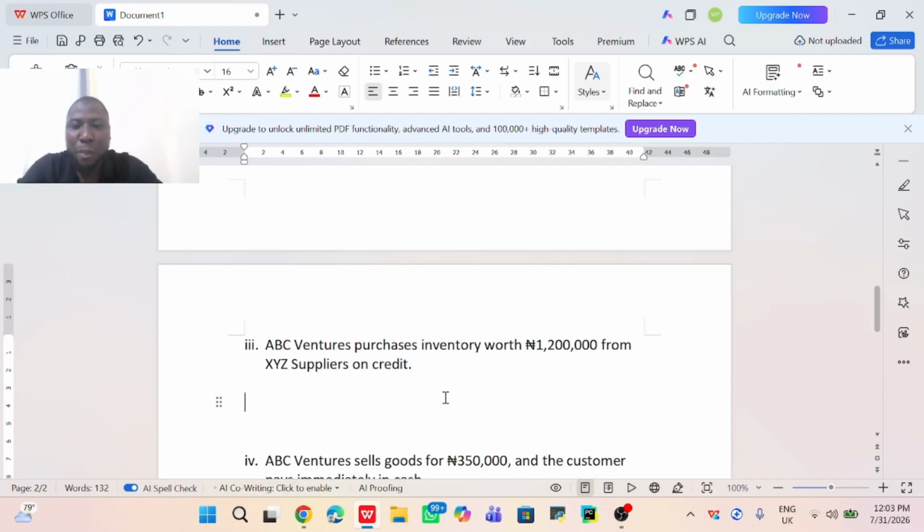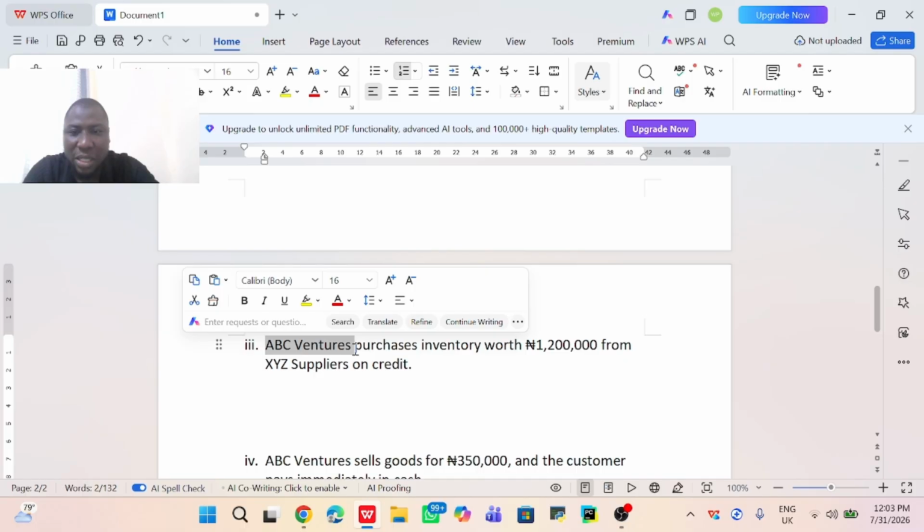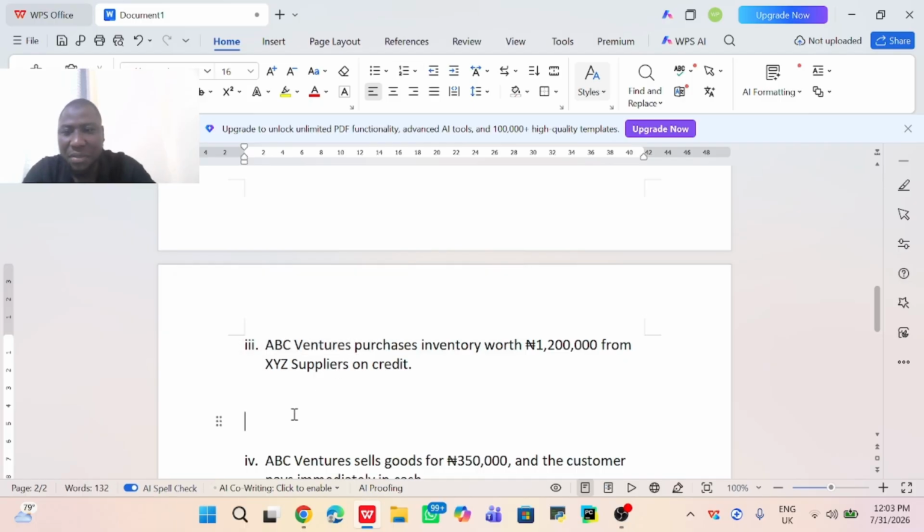ABC Ventures purchases inventory worth 1,200,000 naira from XYZ suppliers on credit. Who owns this account? Who is preparing the account? ABC Ventures, right?